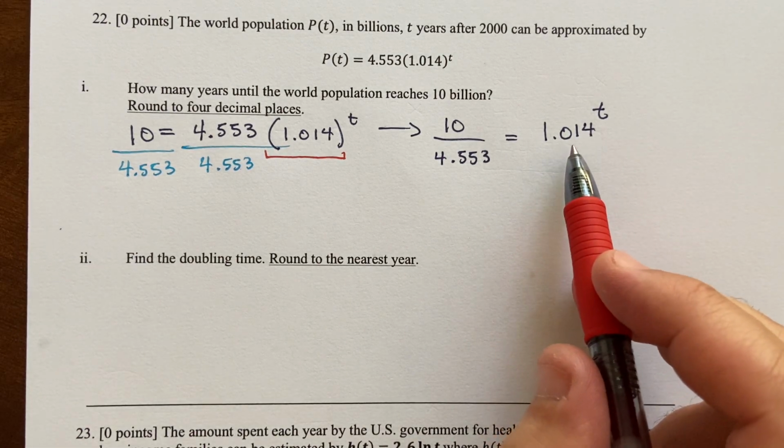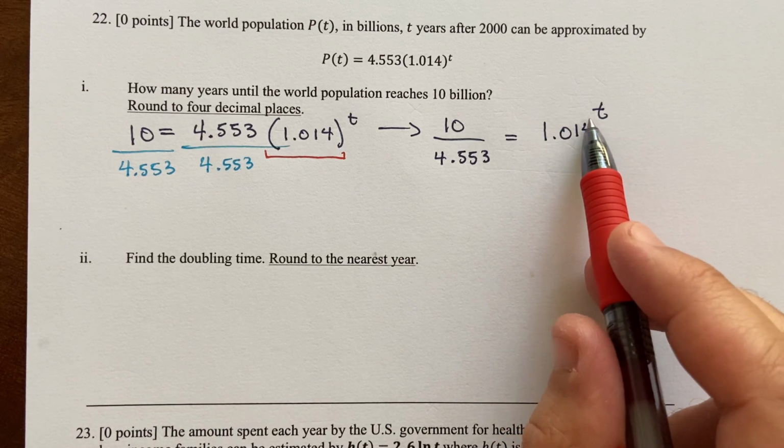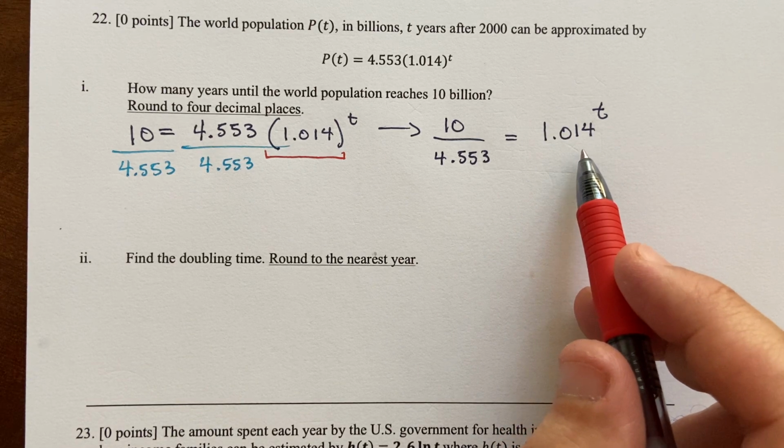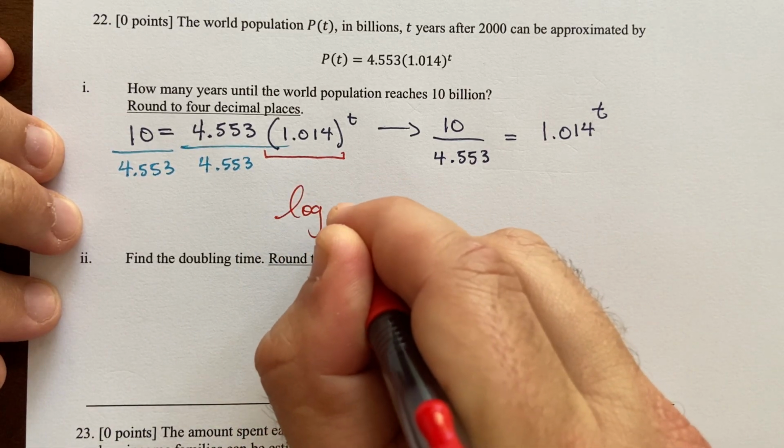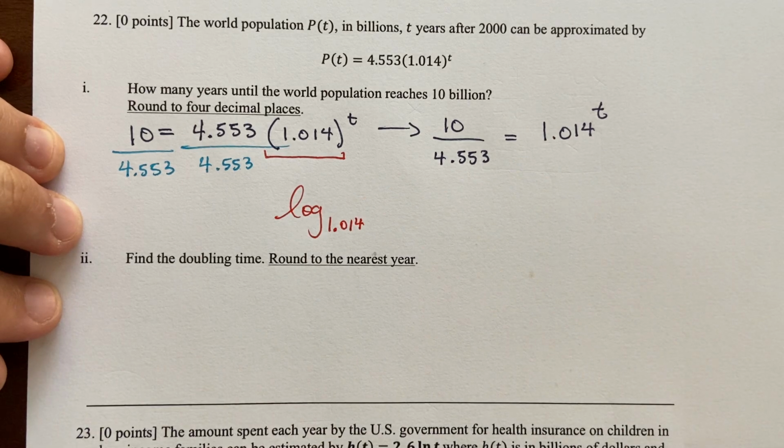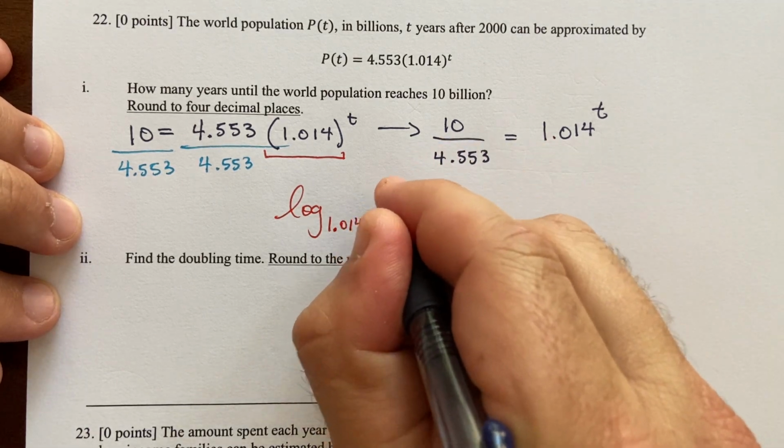Apply a logarithm. What I'm going to do is choose a logarithm with a base of 1.014. So I'll have log base 1.014 applied to both sides.